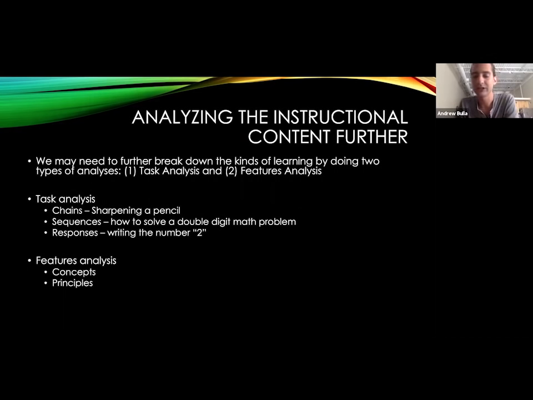Now, there's a lot of great training programs on task analyses already. So we're going to focus more on a features analysis, as that's something that's less common in behavioral literature and training literature in general. So with a task analysis, we may use that for teaching chains such as sharpening a pencil, sequencing or sequences such as how to solve a double-digit math problem, right?